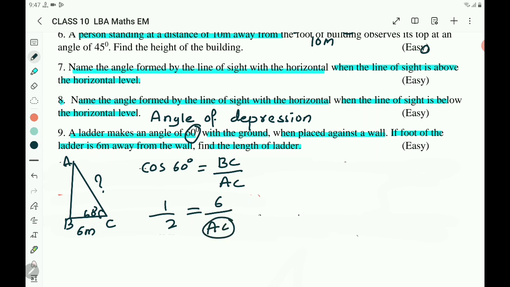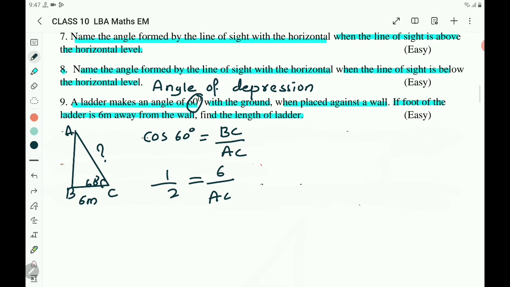Do the cross multiplication. 1 into AC equals 2 into 6. That is AC equals 6 into 2. 1 into AC is AC only. AC equals 6 into 2 equals how much? 12 meter.